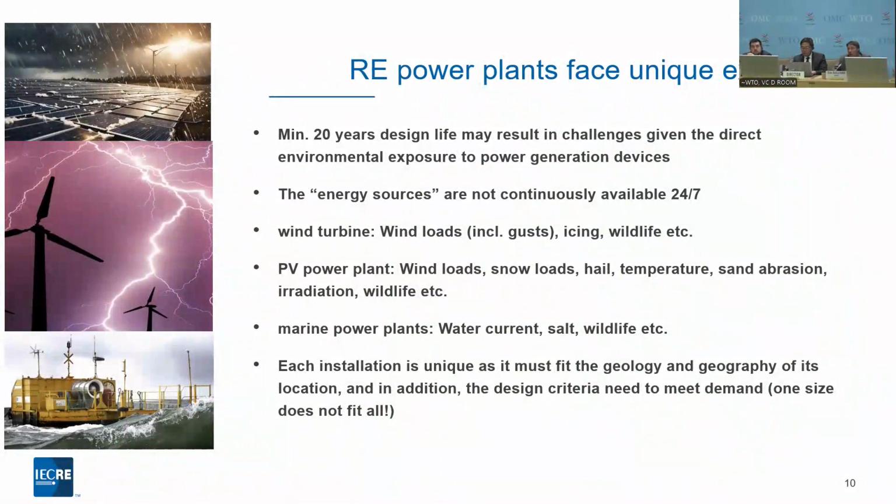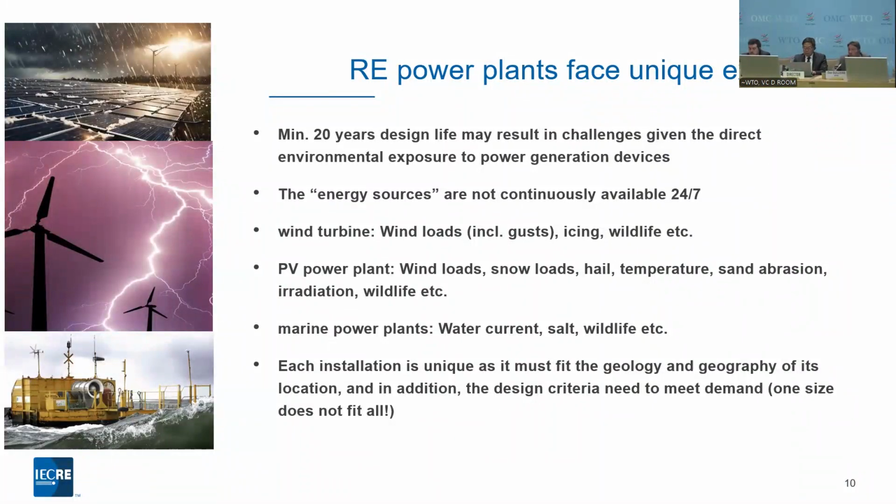So I'm sure, as we all know, renewable energy power plants face some unique circumstances. Within the IEC standards, wind turbines, for instance, have a minimum of a 20-year design. They need to be designed to meet 20 years. So that's an awful long time to some very rigorous exposures.